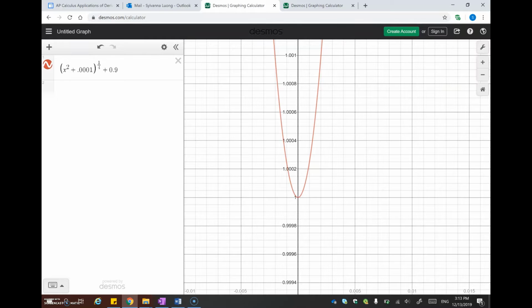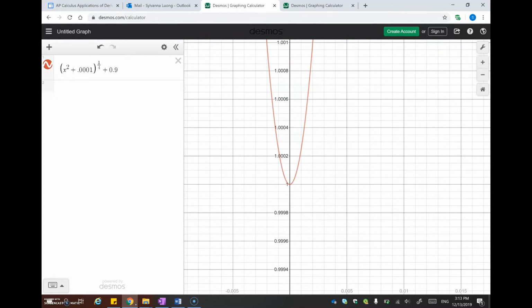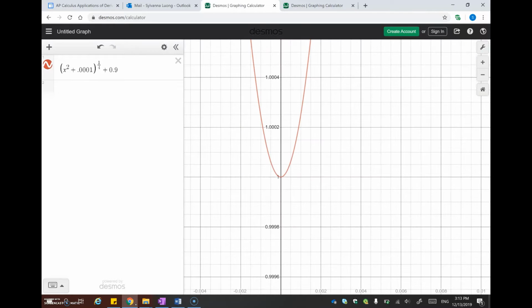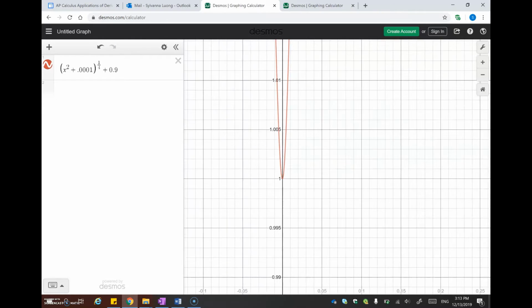Actually, it just kind of looks like a parabola. So this is actually differentiable at x equals 0, and we can find the tangent line, which is y equals 1. Eventually, if we keep zooming in, our graph will look like a quadratic instead of the cusp we see when we zoom out.